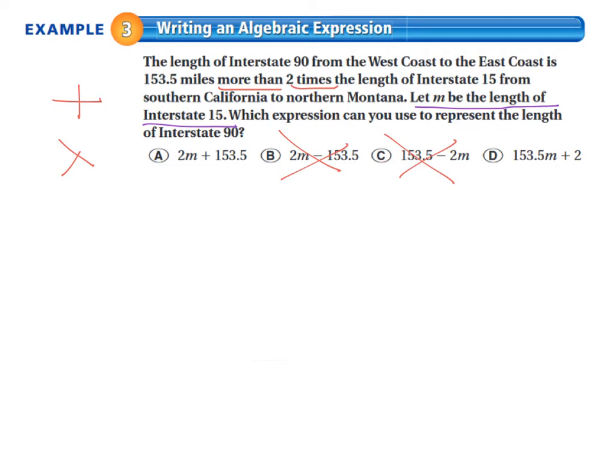So I'm looking for one that has 2 times M, and then I add on 153.5 miles. So that's going to be A. That's the one where I have 2 times the length of Interstate 15, that's M that I don't know, then I add on the 153.5 miles to that.